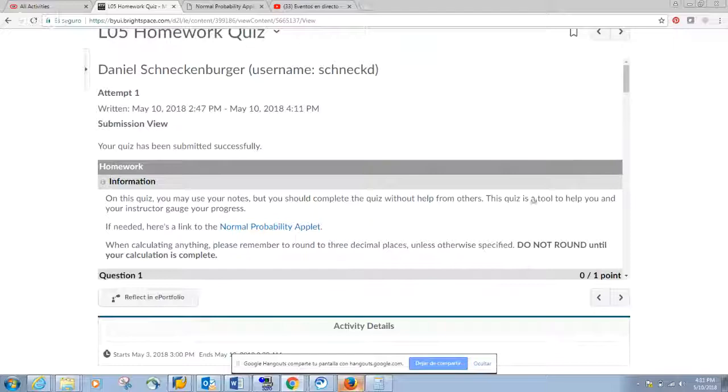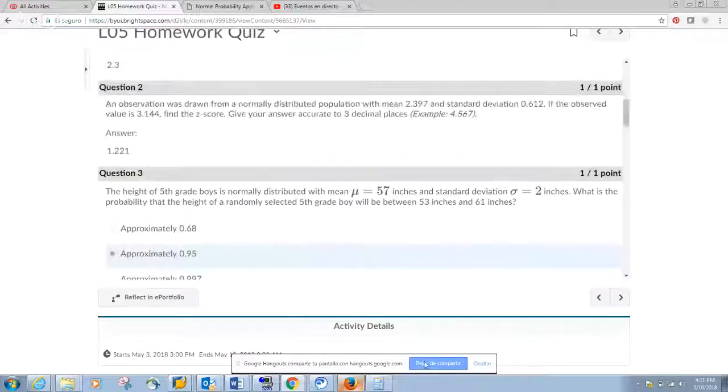Wait. Let me go. Oh, what happened here? I don't know what happened with my screen. Probably it was because I was sharing it. It doesn't let me scroll all the way up to the top of the screen where you can go to content. I've actually had that before. It's weird sometimes.